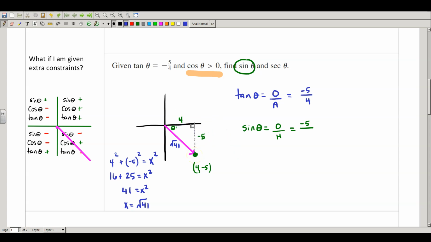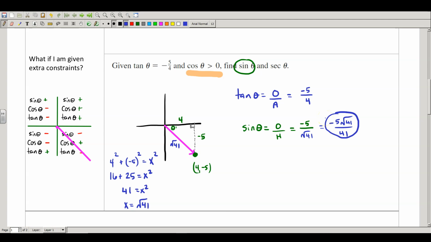But going back to solving this problem, the hypotenuse is root 41, so now I can solve my question. It's -5 over root 41. And of course, if I'm going to get rid of the square root, then this will become -5 root 41 over integer 41. There's my answer to that.